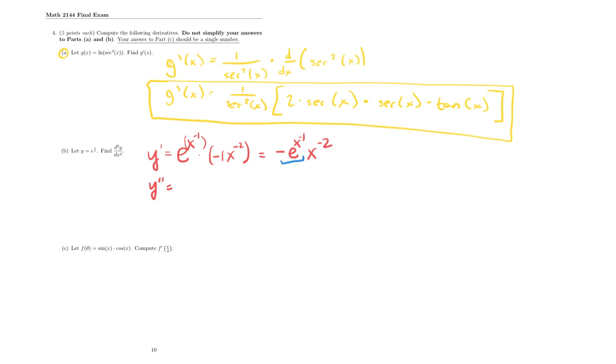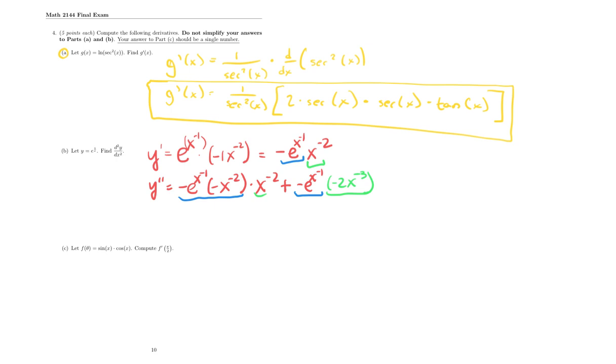So the derivative of that will be negative e to the x to the minus 1 times negative x to the minus 2 times, I'm going to leave the second part alone, so x to the minus 2 plus, so this here is the derivative of the first times the second, plus, now I'm going to leave the first one alone, negative e to the x to the minus 1, and then the derivative of the second. So that's going to be negative 2 x to the minus 3. So that's the second derivative.